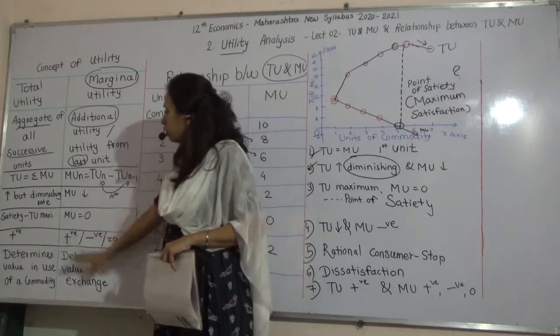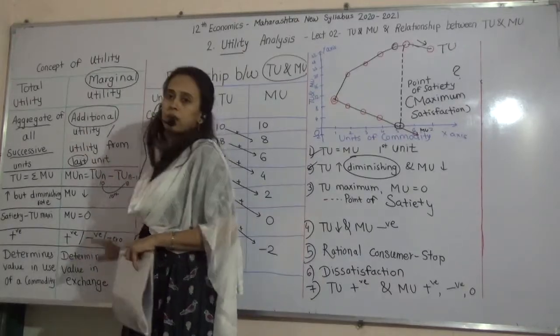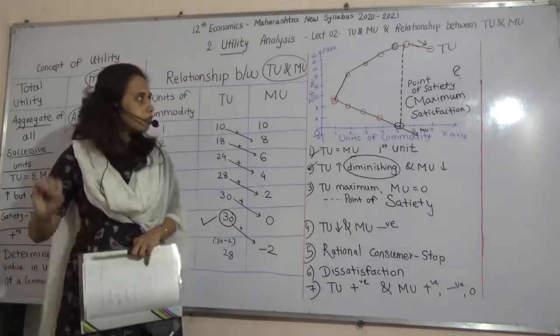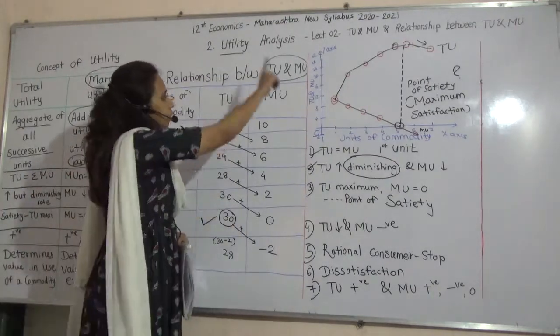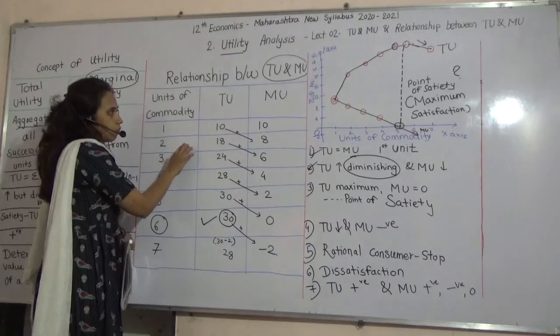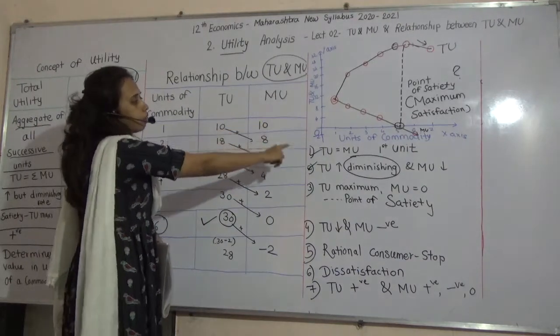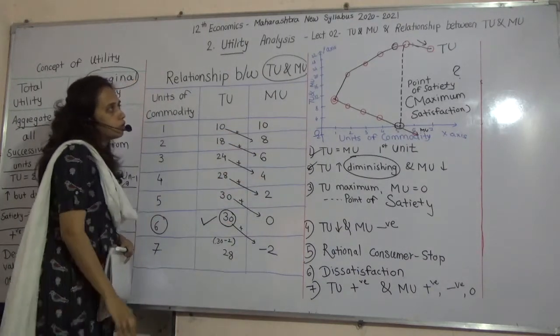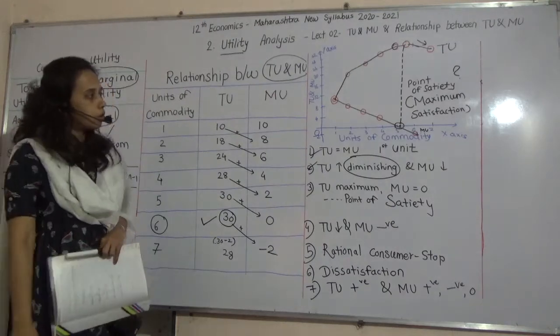Now we are done with this chart. You are able to finish this chart only when you understand the tabular information, the diagram and the exact relationship. Please note down this point.